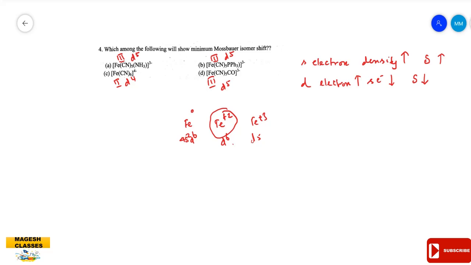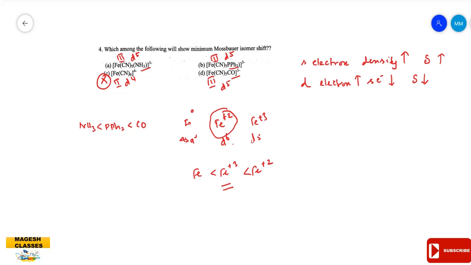When you compare the shift in Fe, Fe3 plus and Fe2 plus, we follow the order Fe, then Fe3 plus, then Fe2 plus. Fe3 plus has the minimum shift, so C may not be the answer. In case of A, the amine is present, here the triphenyl phosphine, here the cobalt. The splitting order of amine and phosphine is in that order. So more splitting is present in the carbonyl complexes.